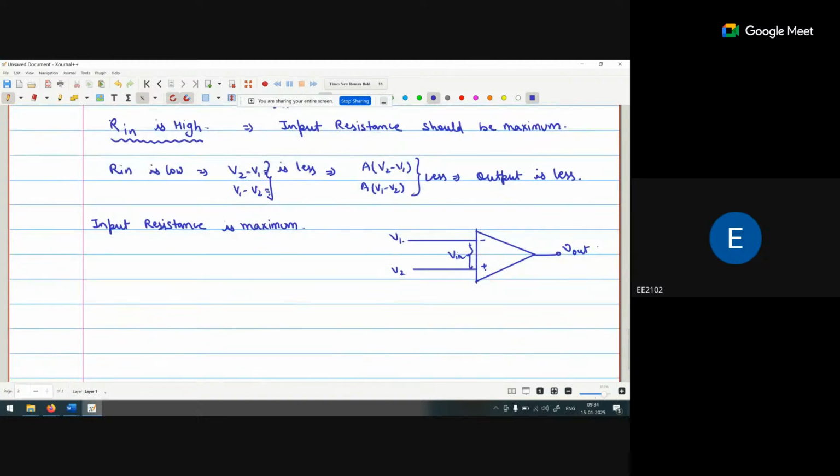So if we apply V in, our resistance is infinite, R in is infinite, so we are getting V out maximum.